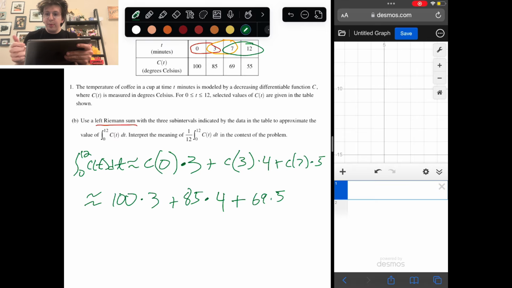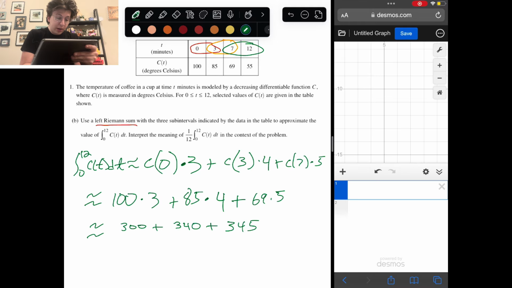Then we just have to simplify this. 100 times 3 is 300, plus 85 times 4 is 340, plus 69 times 5, which is 345. Let's add those all together, and we should get the value of 985. Again, if you have a calculator, use it if you need to.